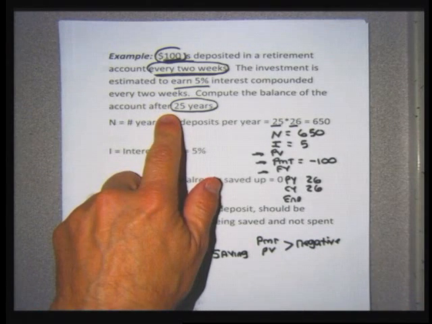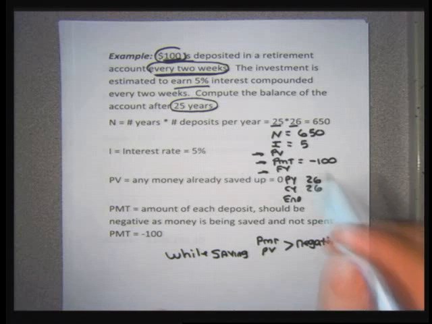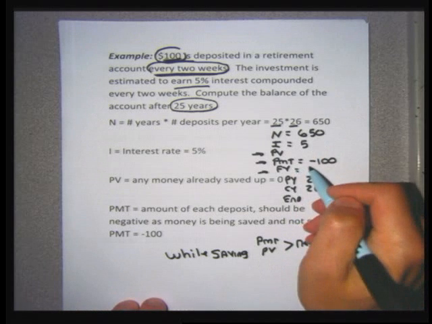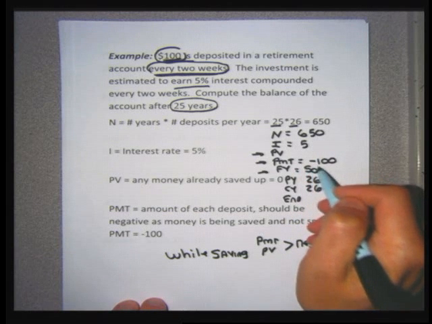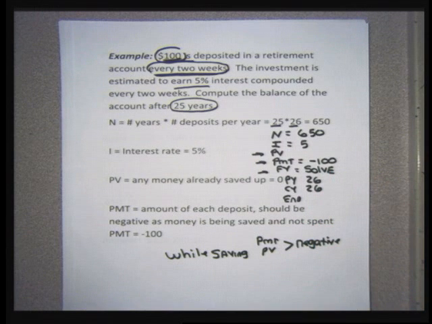I'm actually trying to solve for the balance, not the present value. Right now there's apparently no money in the account because I wasn't told how much money was in the account. So I'm solving for the future value, and I have no numbers left in the word problem itself, but I have a blank.